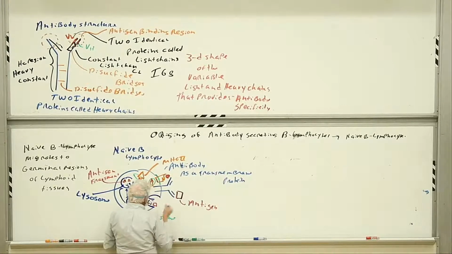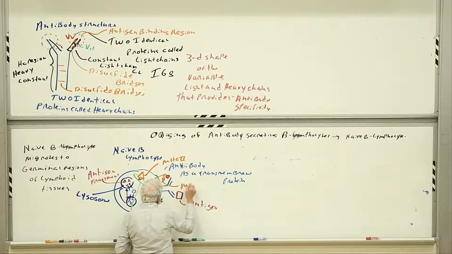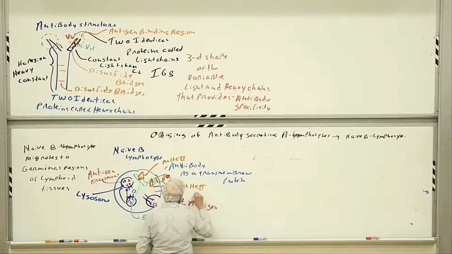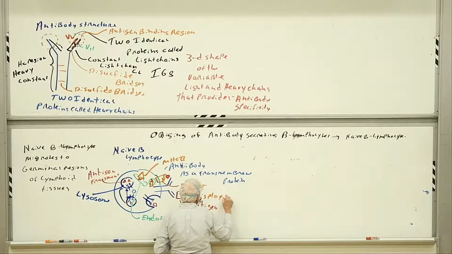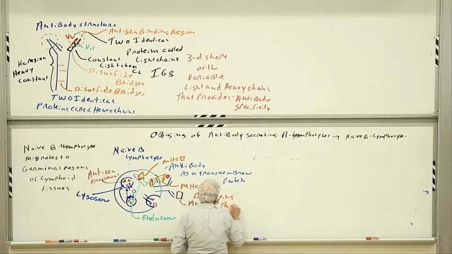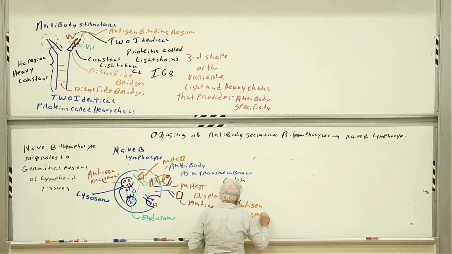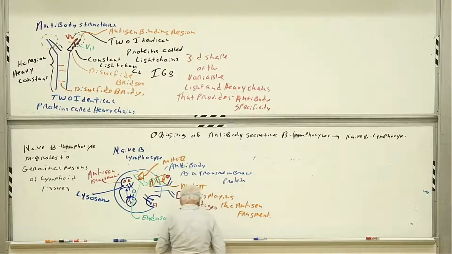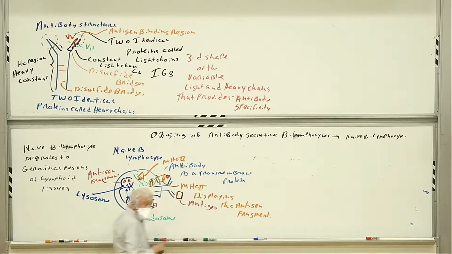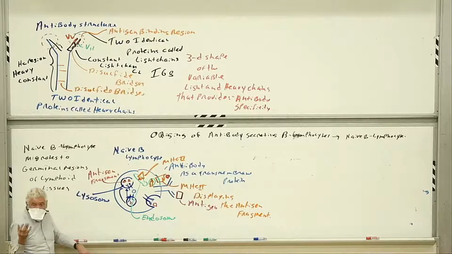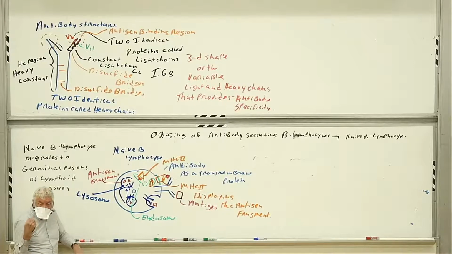So we now have MHC2 displaying the antigen fragment. So all of that is reminiscent of the story we told about macrophages. But now we're going to introduce another cell. We're going to introduce a cell that's part of the T cell lineage.